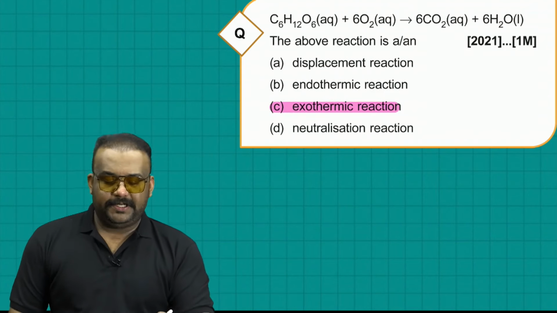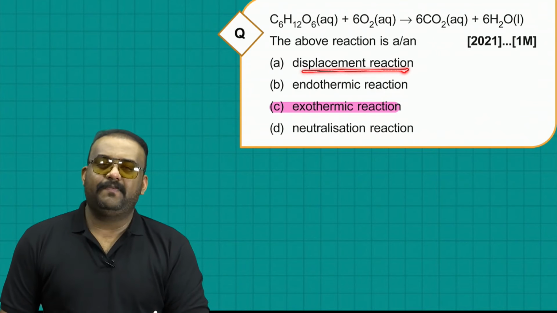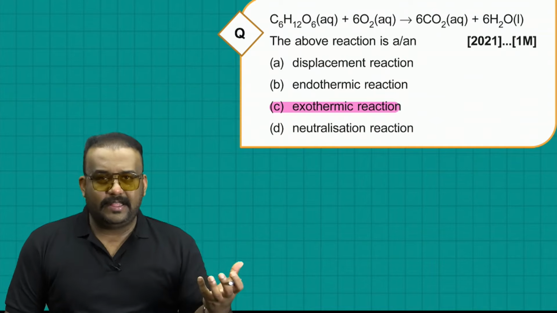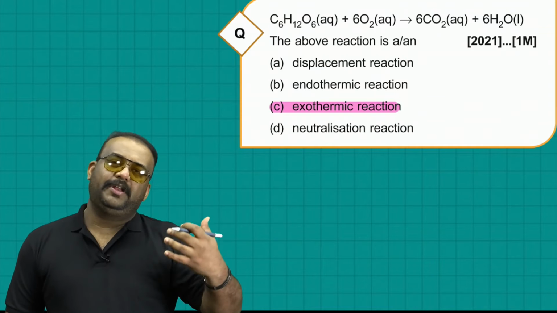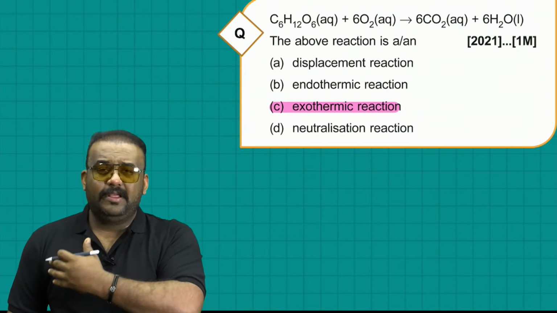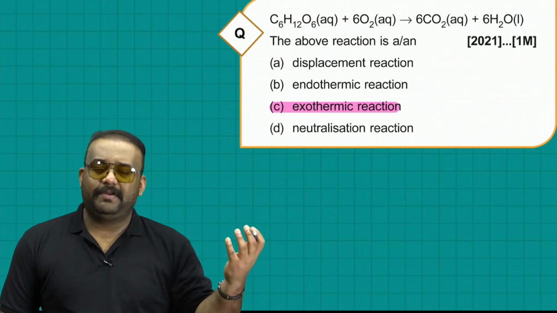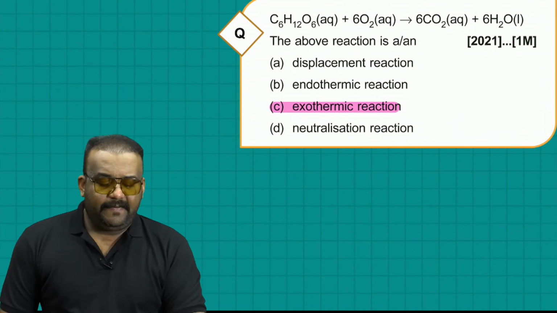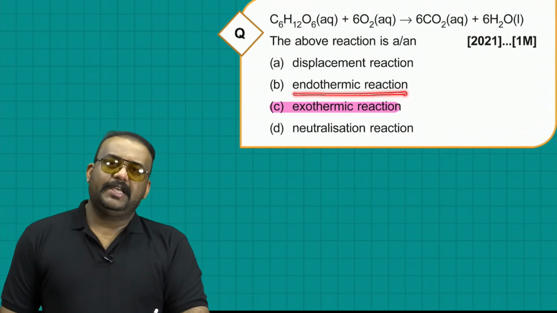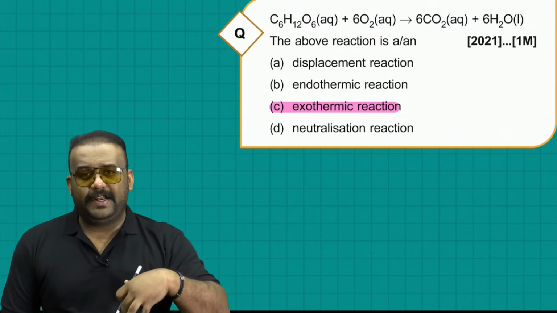Now, if you look into the other options, displacement reaction. Displacement reaction takes place when one element which is more reactive than the other displaces that particular element from its salt solution, right? We have seen an example a few slides back: iron plus copper sulfate giving iron sulfate plus copper. Then we have endothermic reaction, which is essentially any chemical reaction accompanied by absorption of energy.